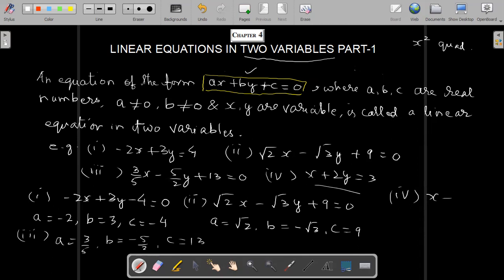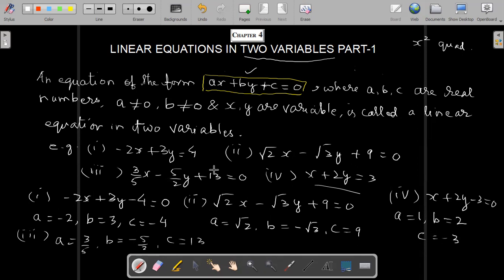So x plus 2y minus 3 is equal to 0. Here there is no number before x, which means 1 is there. So what is the value of a? 1. And b, the coefficient of y, is 2, and c is equal to minus 3.